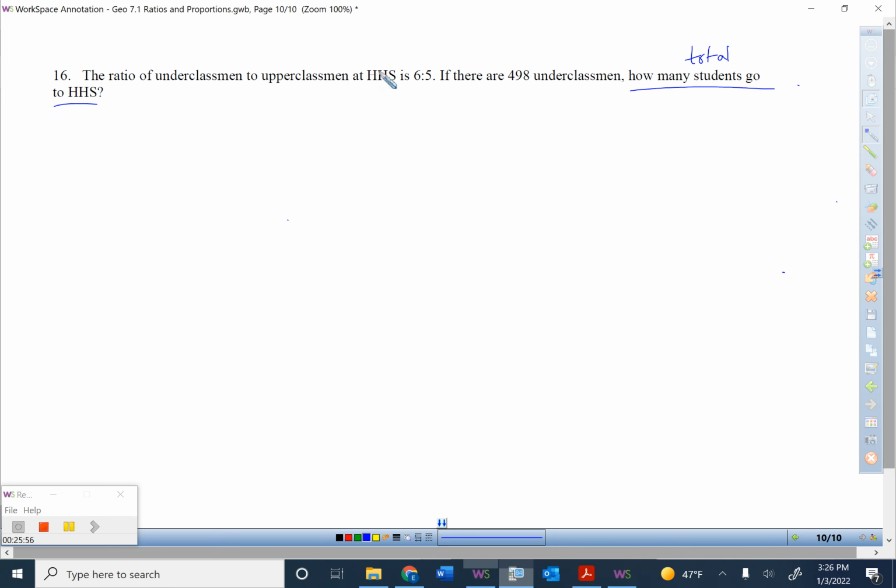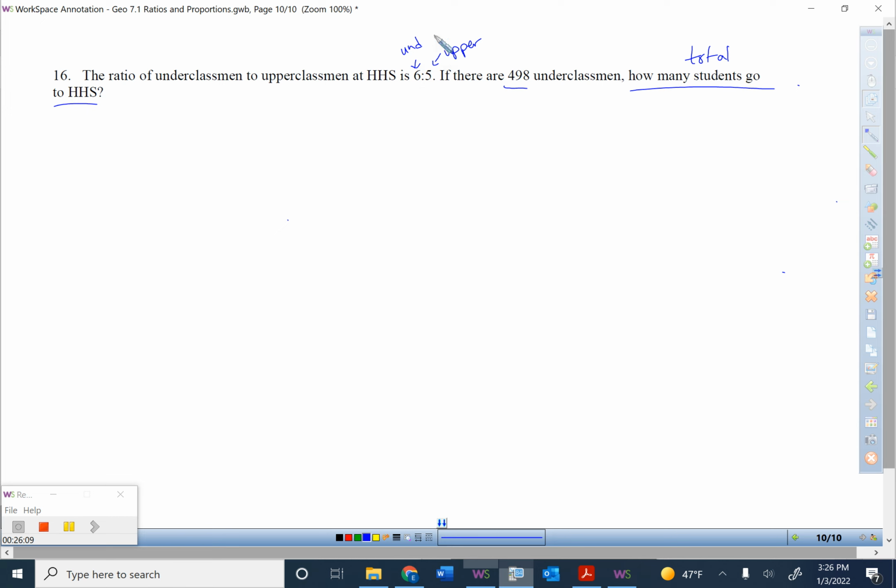Okay, it wasn't part of our ratio because this ratio went with our underclassmen, and this one went with our upperclassmen. Okay, but here's our total for the underclassmen. So this is going to actually be a two-step problem. Because we are given the underclassmen and we're given the ratio, we can find the upperclassmen, and then if we know that value, we can find the total.